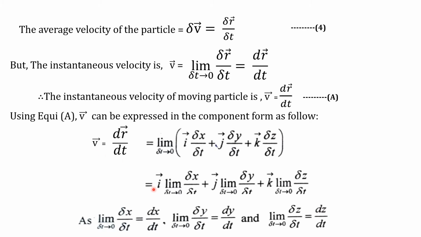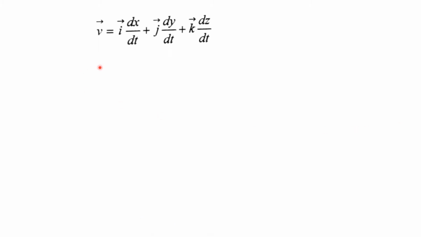Simplify the vector v in terms of vector i dx by dt plus vector j dy by dt plus vector k dz by dt. Here dx by dt is the x component of velocity, dy by dt the y component, and dz by dt the z component.